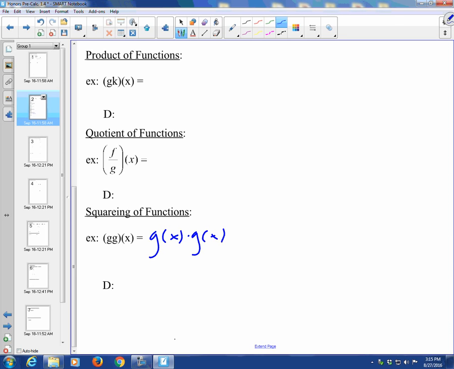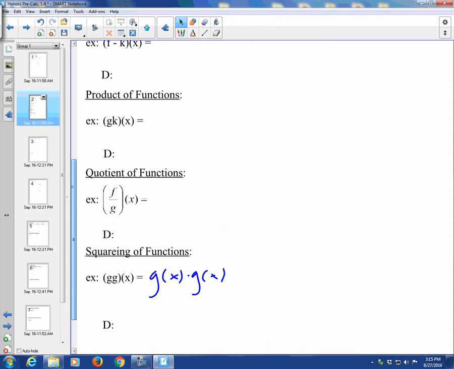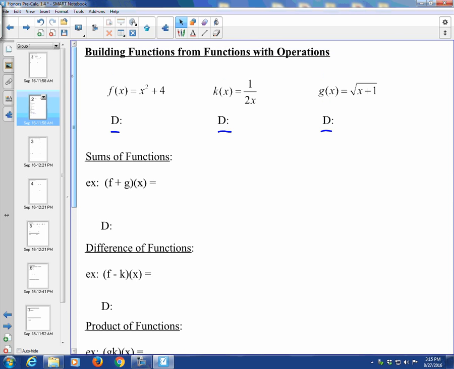Now when we're combining these functions, we first want to remember that we're taking the equations that define these functions and combining them with the given operation. As soon as we do that, we want to determine the domain.